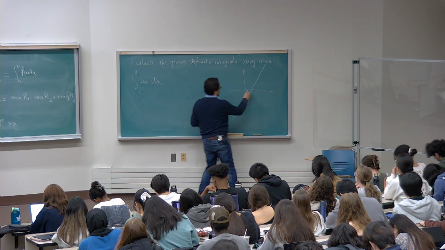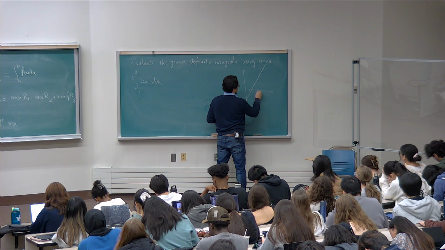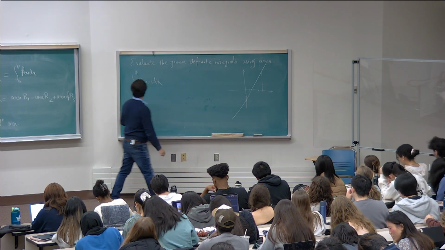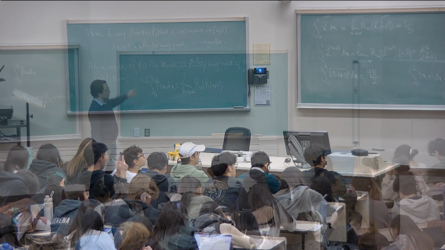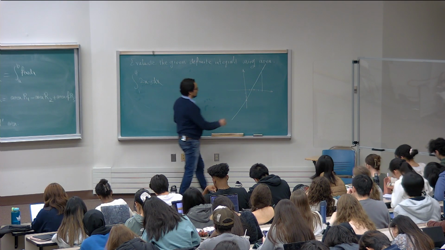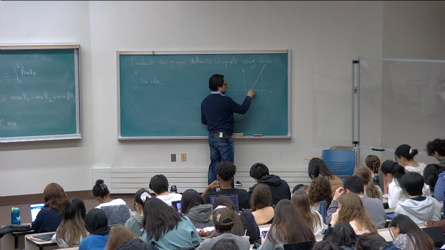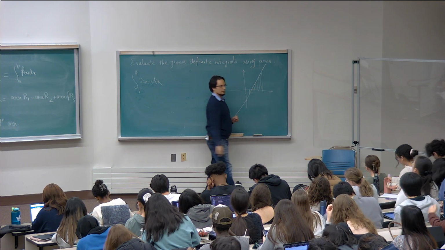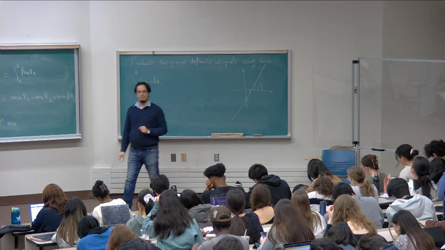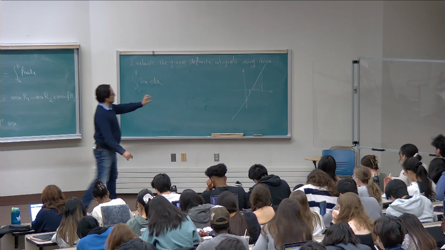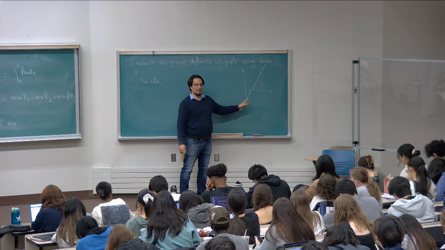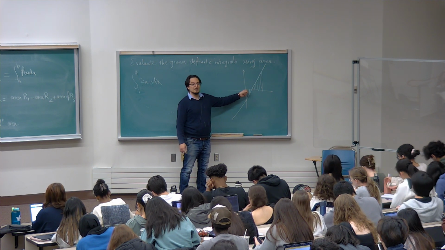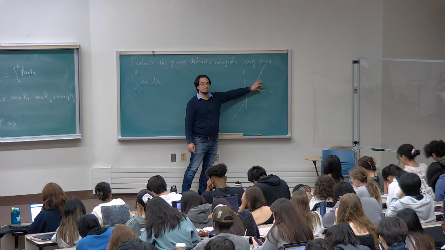So this is 1, this is 2, 3, 4. From 1 to 4, I have two regions. This piece here and this piece up there. Both of them are triangles, but this piece is under the x-axis, and this piece is above the x-axis.